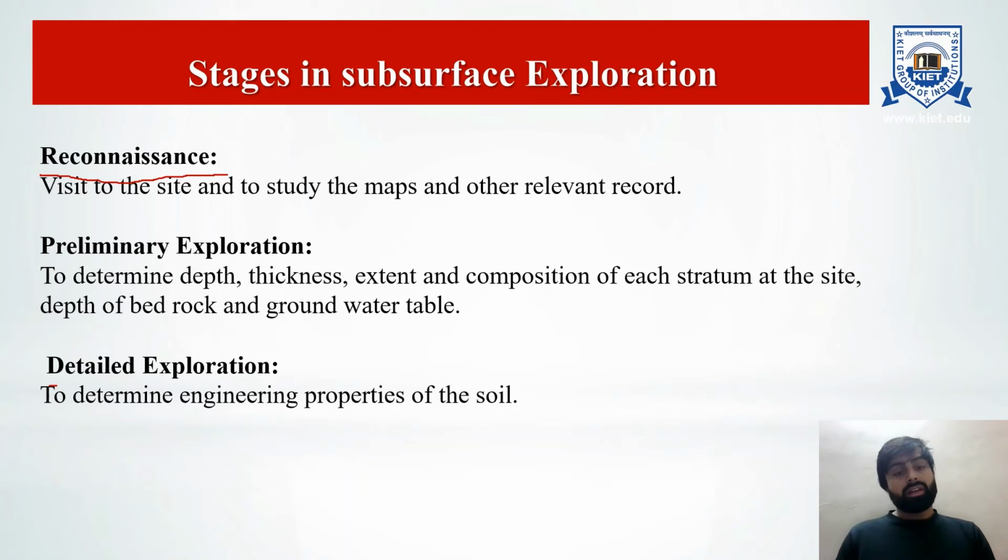For this, several tests are done in the lab, as the geotechnical site investigation is done in great detail. The site investigation is directly related to the cost. As we go for more detail and more precise results, the cost of the investigation increases. And first, we will discuss reconnaissance.